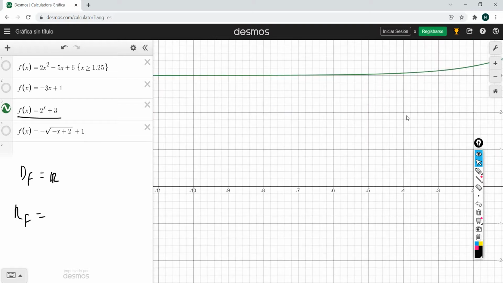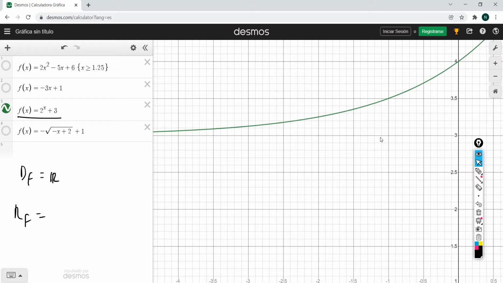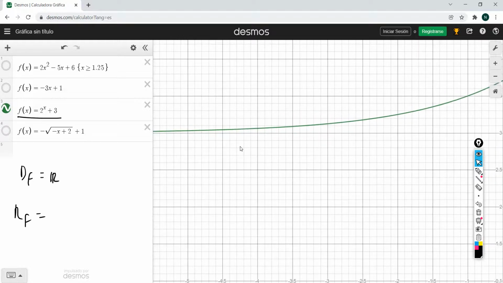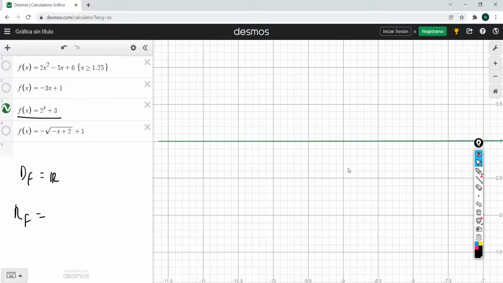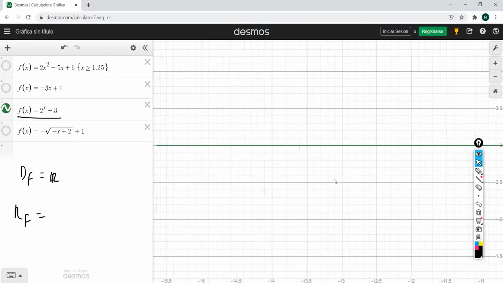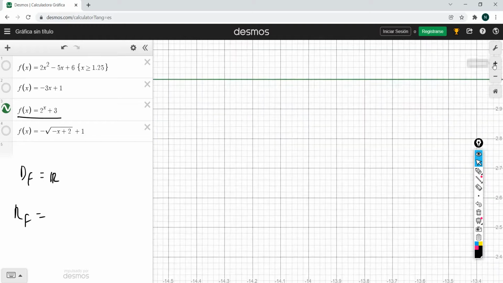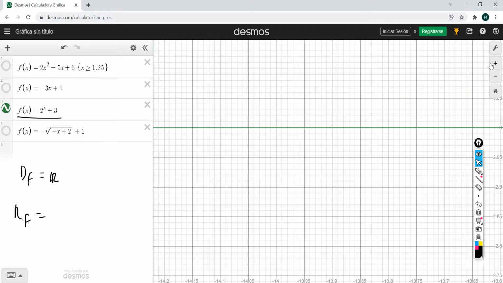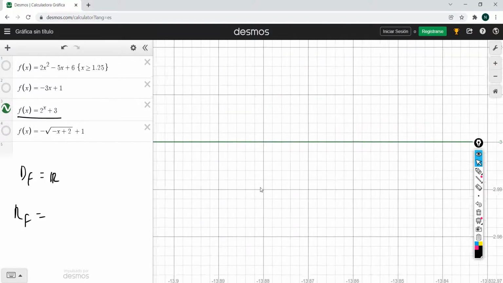Let me zoom in. You see, this is number 3. Take a look at this horizontal line, which represents the number 3 for the output, and notice that the graph never goes below that value. Never. No matter how much you zoom in, can you see?